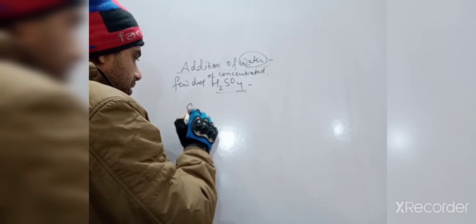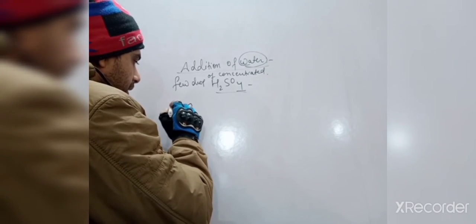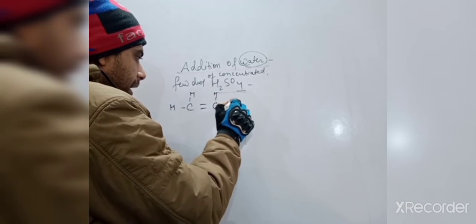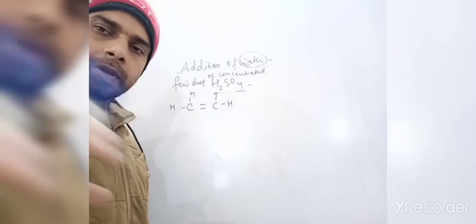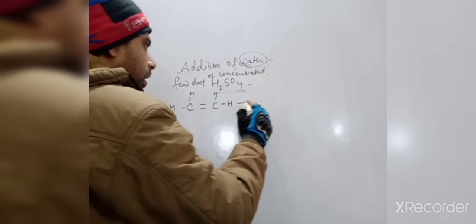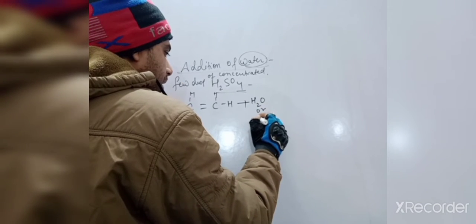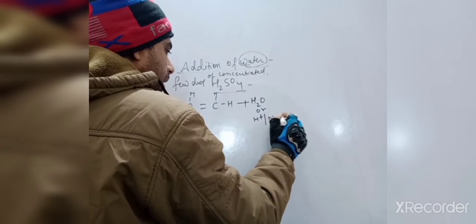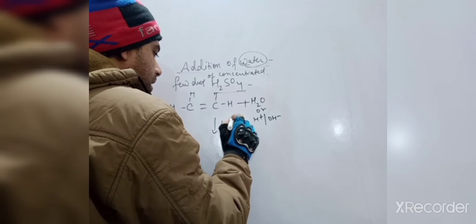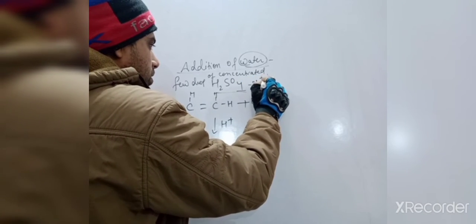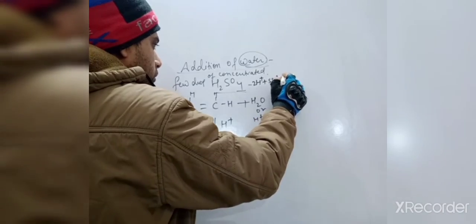So here we can see CH2 double bond CH is there, with H. So what will happen if I add H2O here? This H2O I can write as H plus and OH minus, and in the presence of H plus from the concentrated H2SO4, I can dissociate it like this, 2H plus.